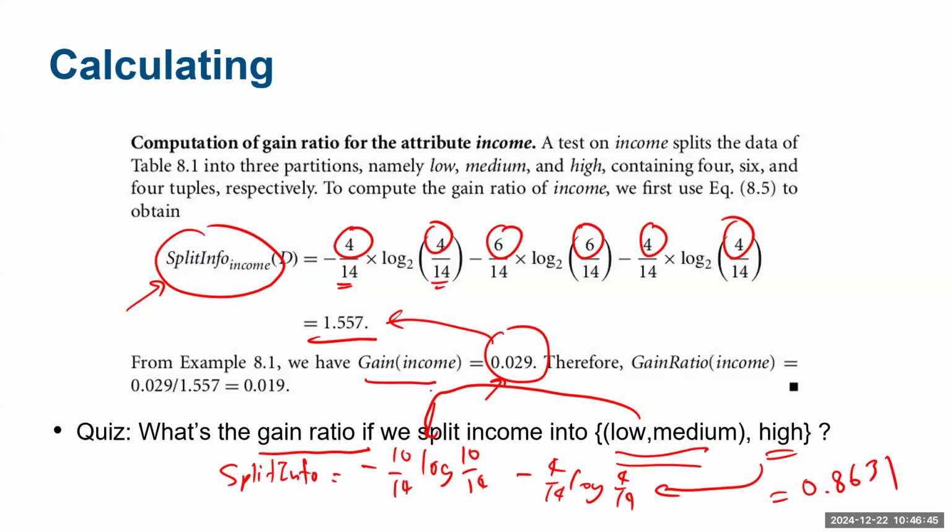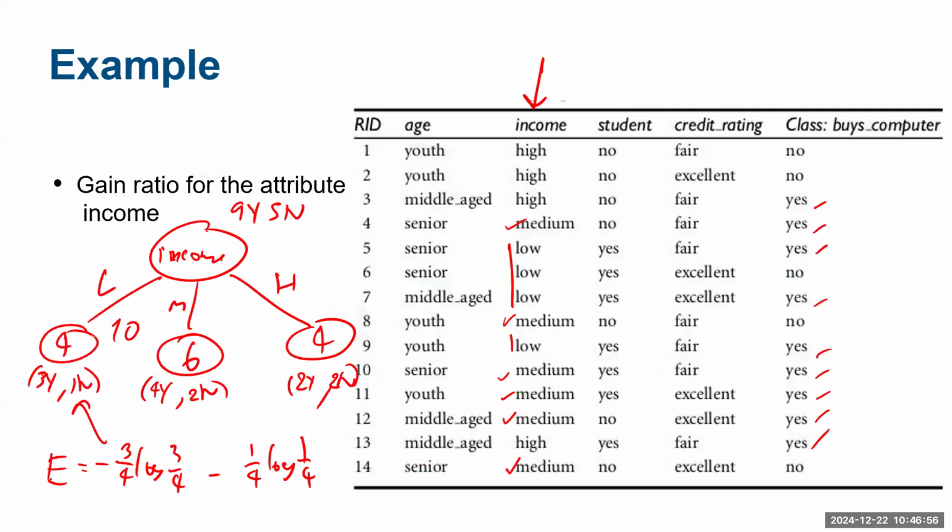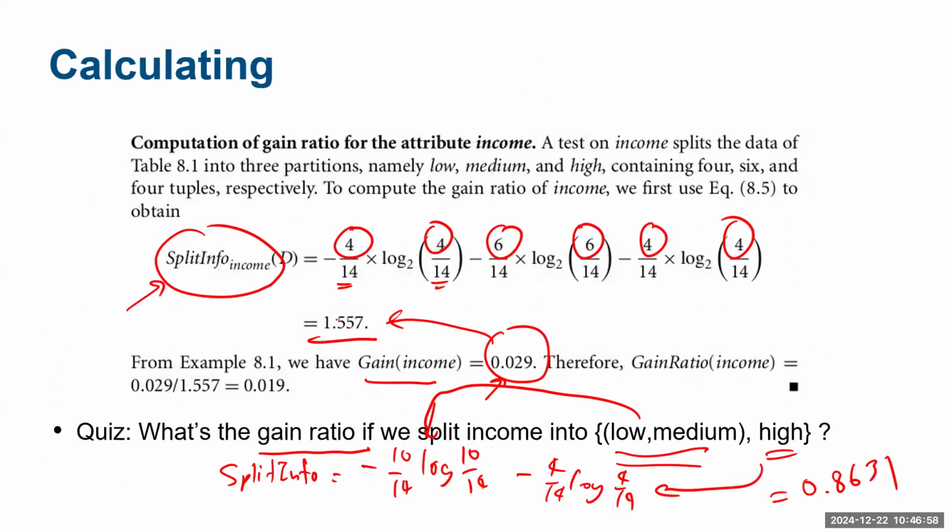And now I want to compute the gain. Actually for the gain, it's going to be a different value, but let's suppose that the gain is the same. In reality it's different, but it takes time to calculate. So if the gain is the same, this split has a higher value, and this one has a lower value.